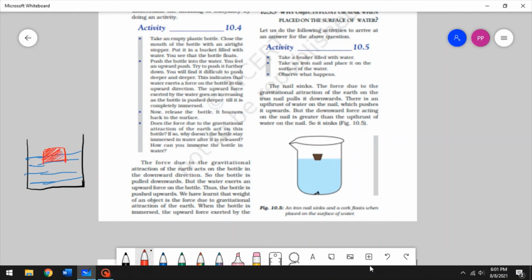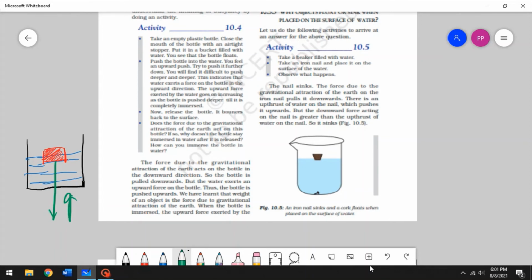Alright, so on this block of wood, there are many forces that are acting. To start, first of all, is a force acting in the downward direction, that is the gravitational attraction, acceleration due to gravity. Alright, that is in the downward direction.